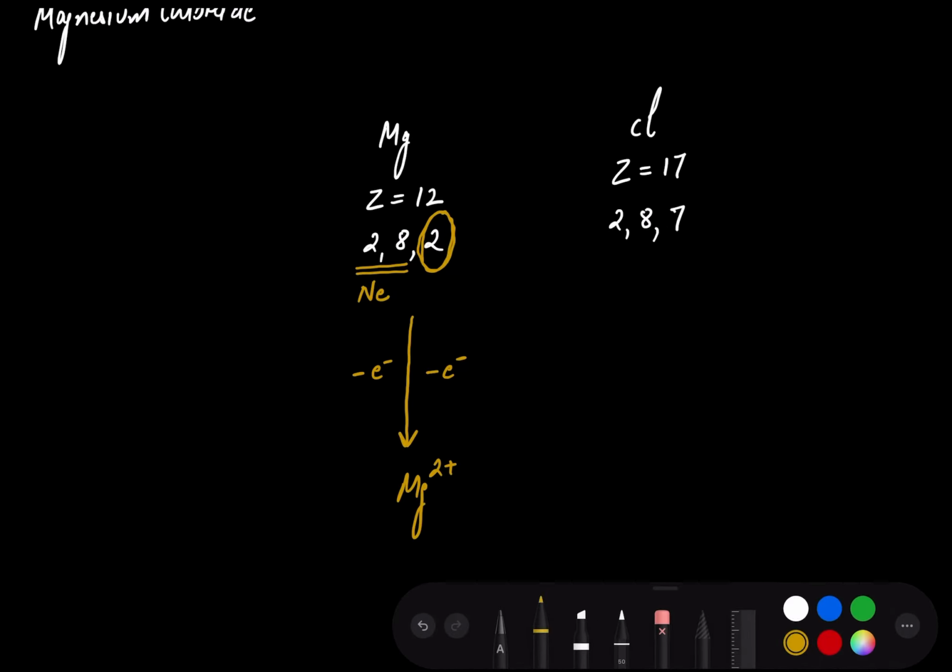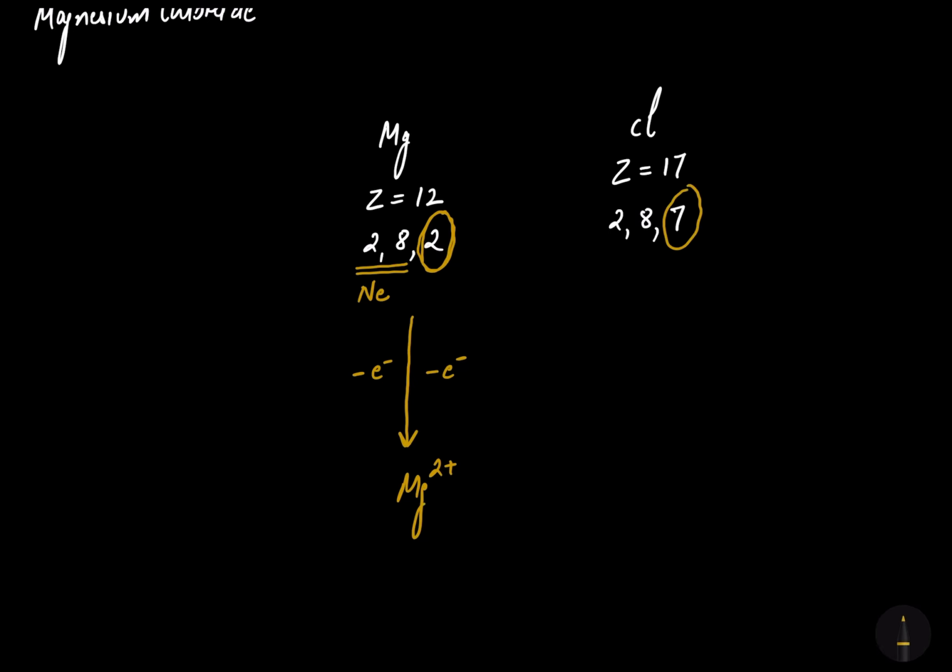Chlorine will try to gain one more electron to acquire the stable noble gas configuration of the nearest inert gas, that is argon. So chlorine will acquire only one electron.